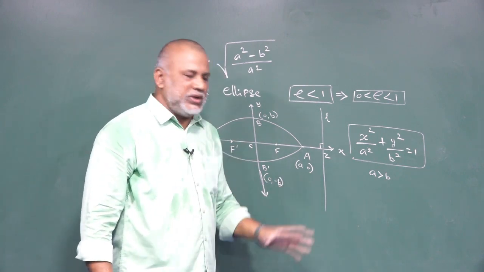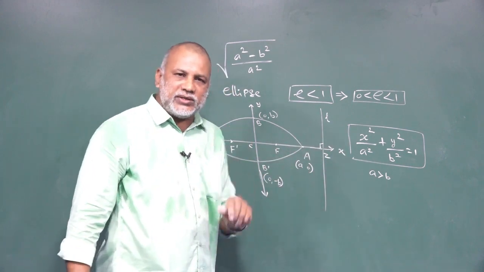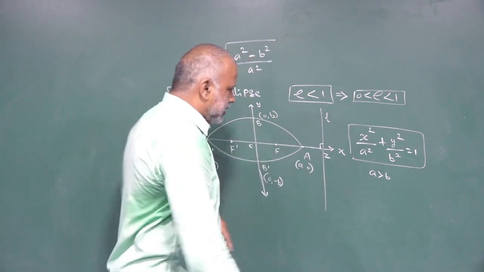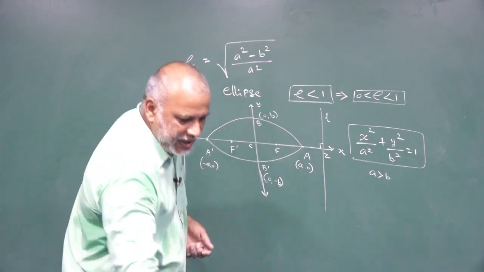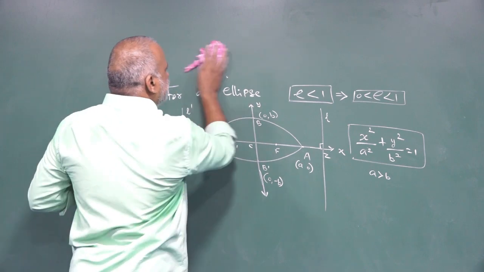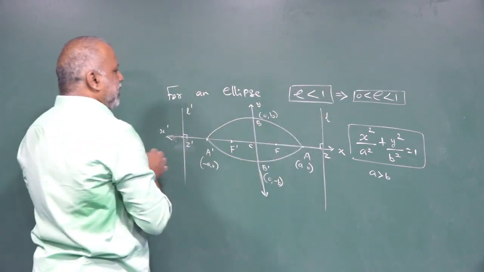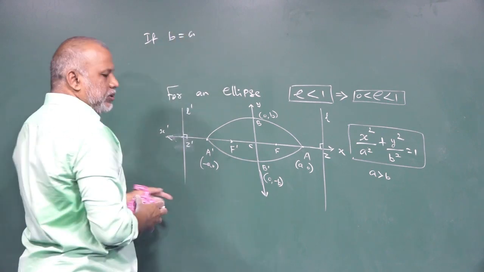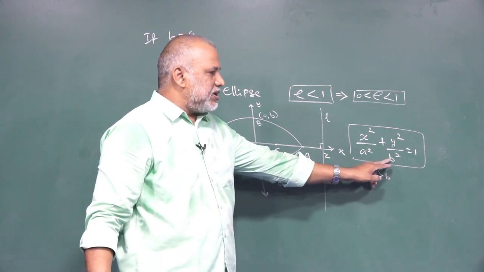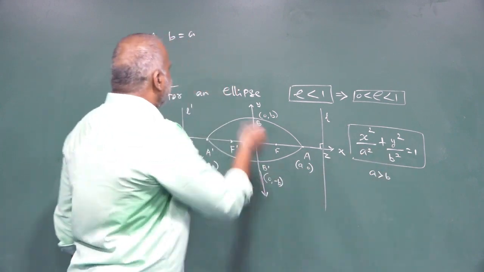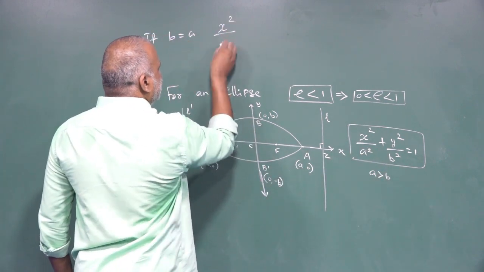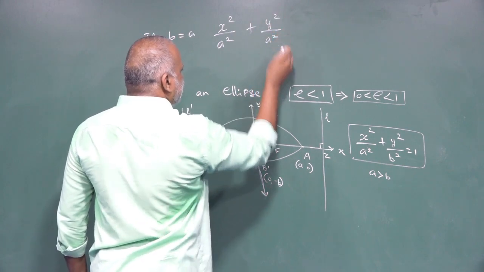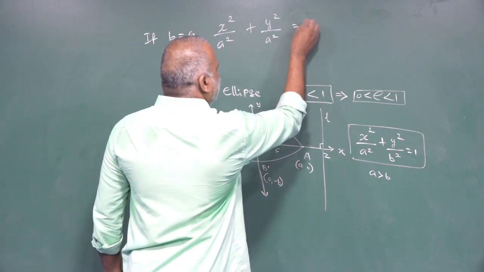Now the new concept, which I am able to derive from this. Suppose b and a are equal. If b equals a, instead of b I can replace a, therefore it becomes x squared by a squared plus y squared by a squared equal to 1.